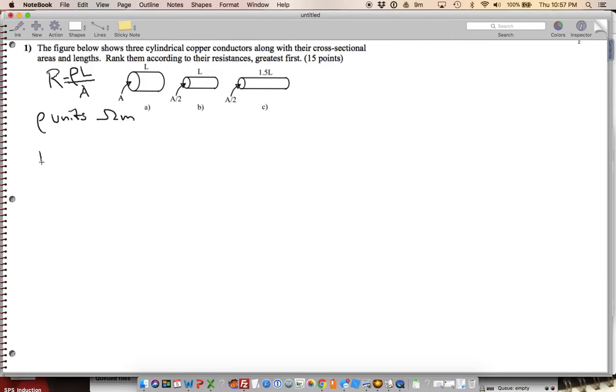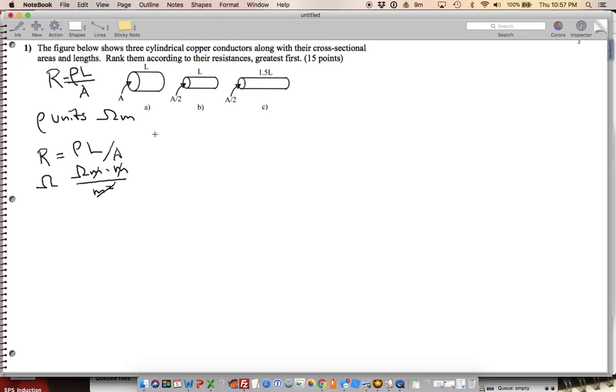So for resistance I'm going to have ohms, and for resistivity I'm going to have ohm meters, and then times the length, that's another meter, and then divided by area, which is meters squared, right? So my meters cancel with the meters squared and the units are correct. So that makes sense. Okay, so now let's work through the resistance for each one.